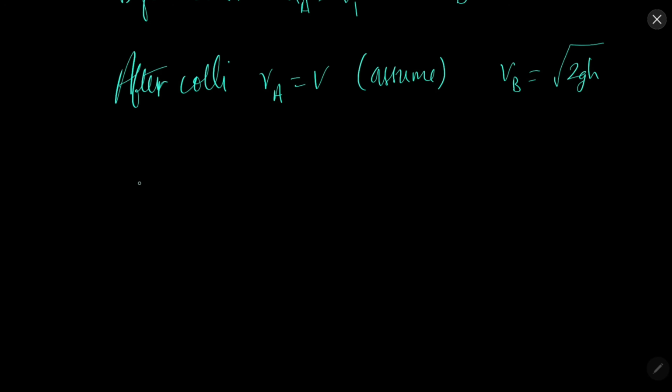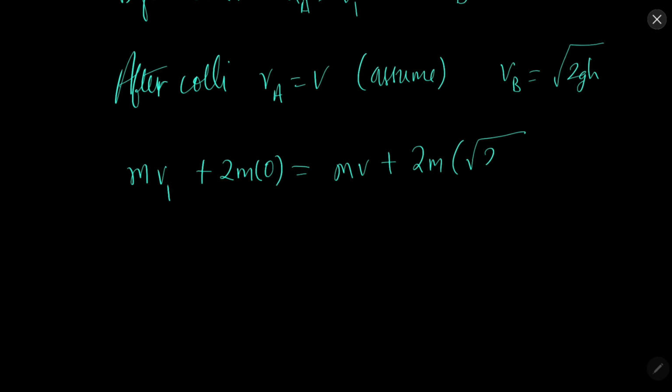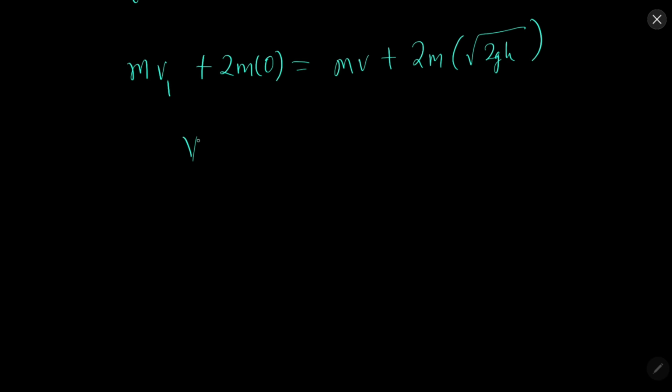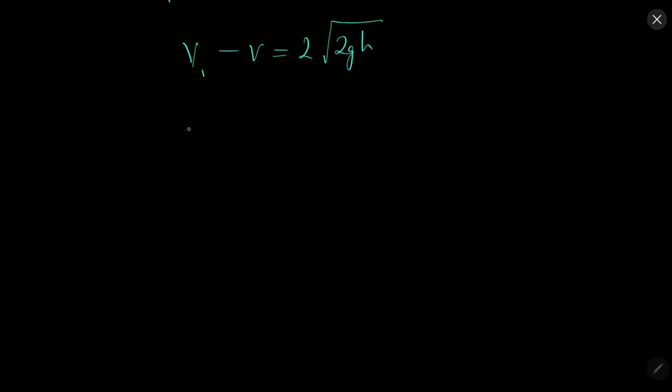So now it is an elastic collision, so momentum will be conserved. So we will have this scenario. From here V1 minus V equal to 2 root 2gh, and also by conservation of kinetic energy we will have this thing.